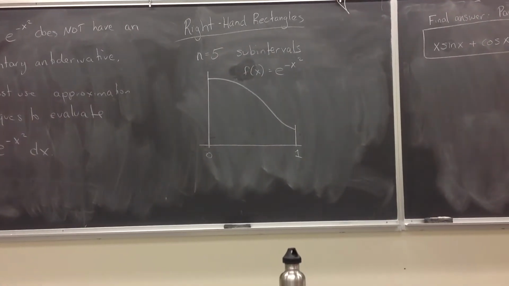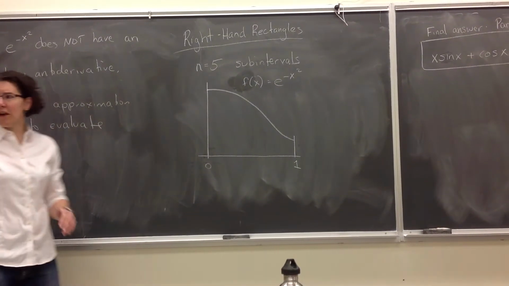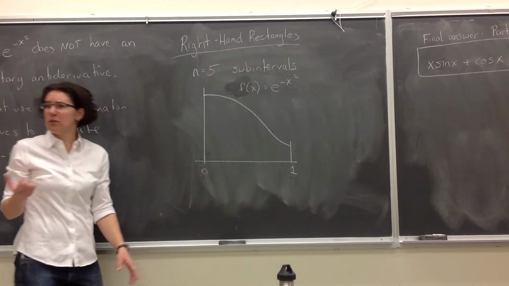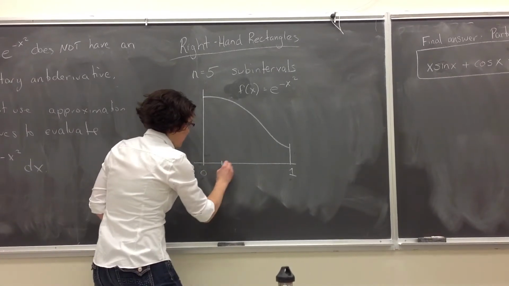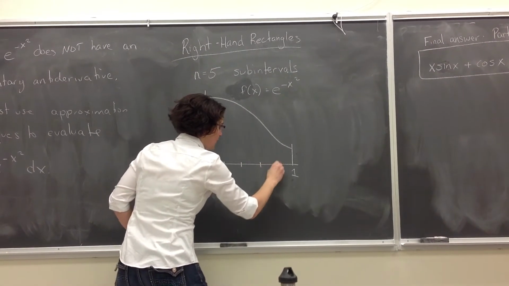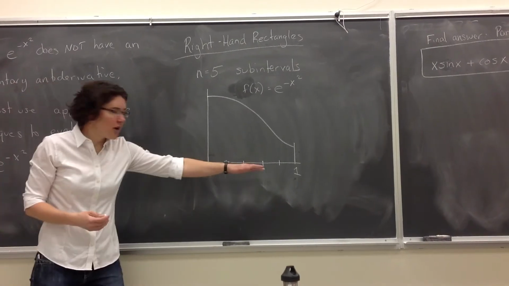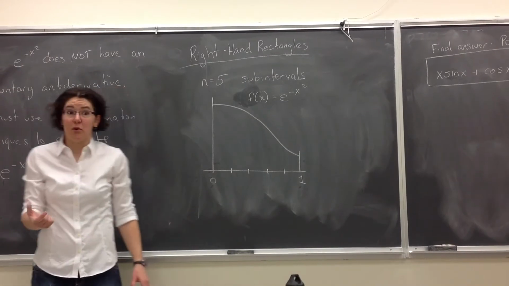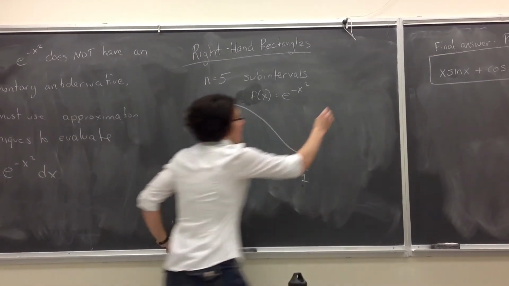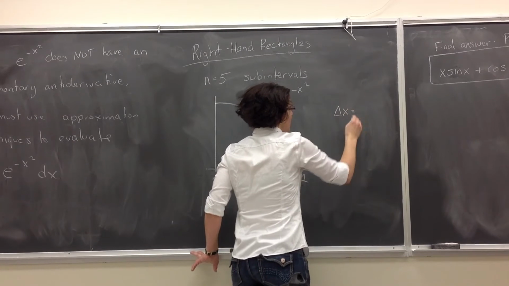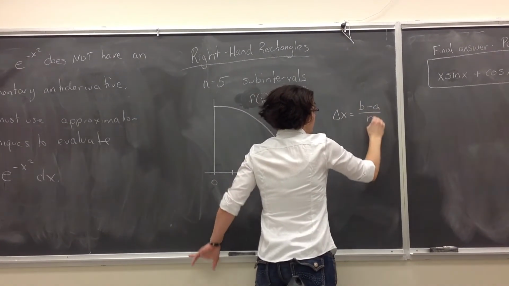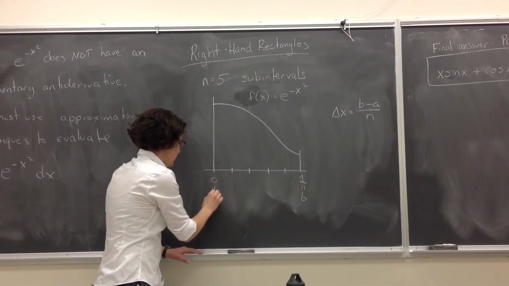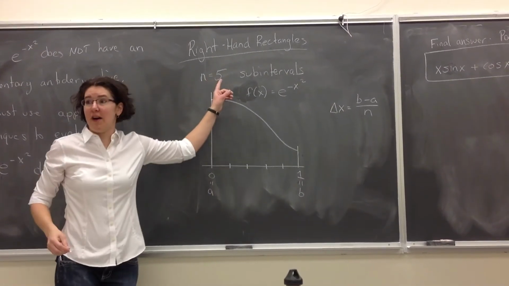And so if I want to use 5 subintervals, and I want to use right-hand cornered rectangles, the first thing I'll do is split this interval from 0 to 1 up into 5 equal units. So that means 1, 2, 3, 4, 5. I've drawn them in here, and now the width of each of these is going to be a distance of 0.2. I can get that by doing a calculation: delta x is b minus a over n, where 1 is my b, 0 is my a, and n is 5.